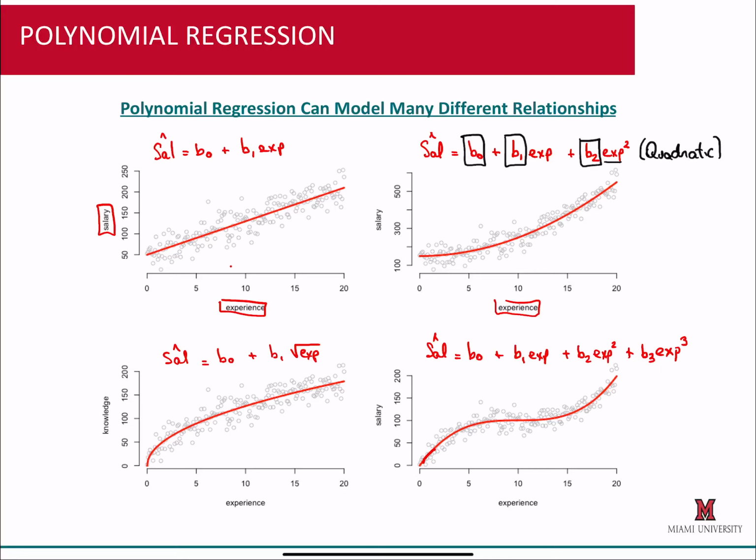This is also a polynomial regression, and we can add exponents. But be cognizant that adding more exponents adds more variables and increases the complexity. It's very likely that if we keep on doing this, we would be overfitting the model. I'll go more in depth on that later.